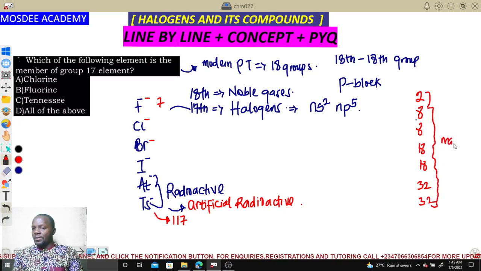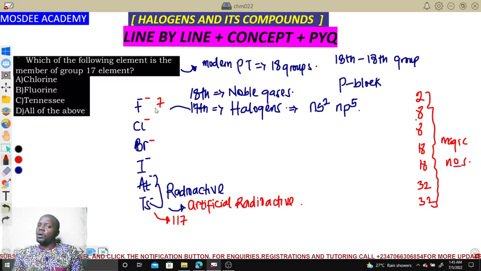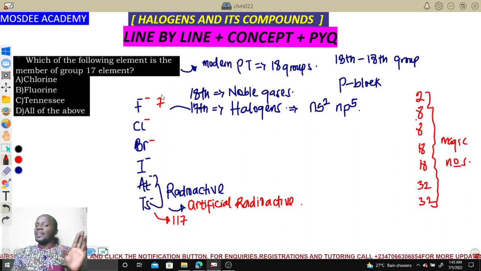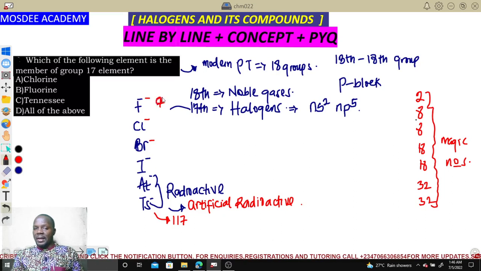You can keep this in mind to get the atomic numbers of elements. I don't want to talk more, because as I'm going, it's a line by line question, and I'll still be talking about them, which will make you understand them. So these are the members of group 17 elements. The first member is 7, the next member will be 7 plus 8. Apologies. The first member is just what you need to know: number 9, fluorine.